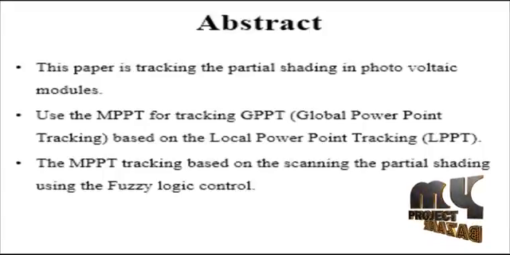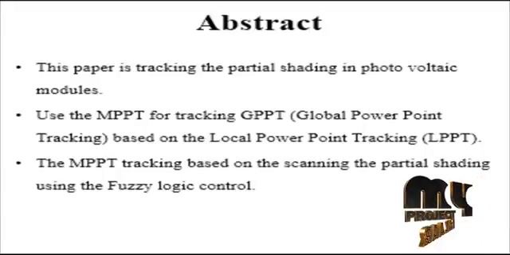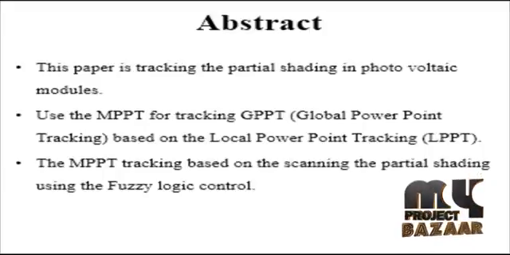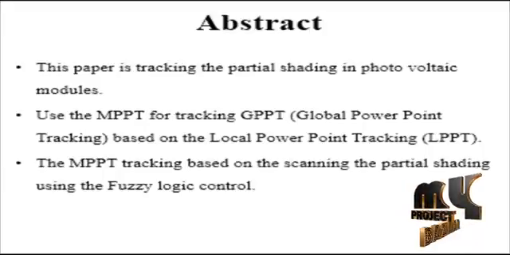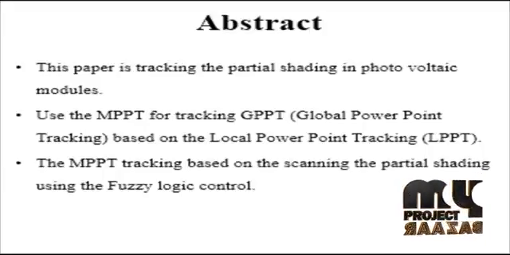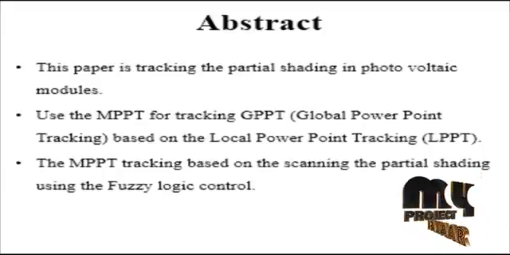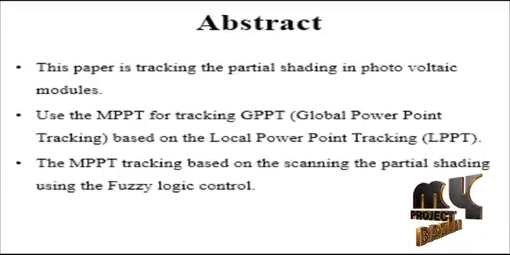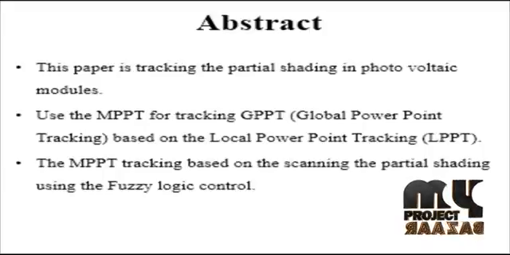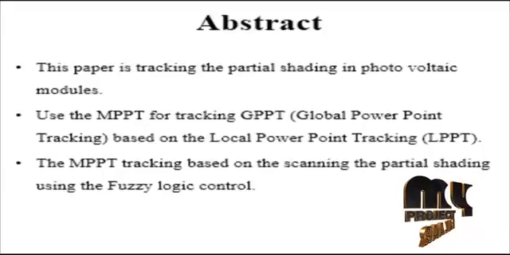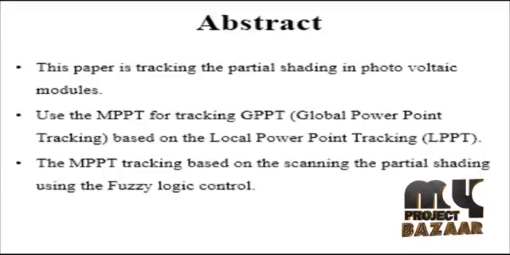The new method can quickly find the GMPP and avoid much energy loss due to blind scan. The experimental results verify that the proposed method guarantees convergence to the global MPP under partial shading conditions.